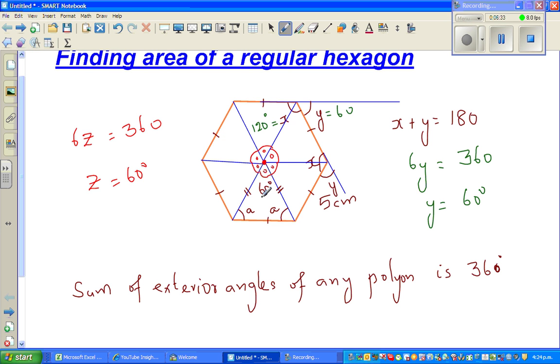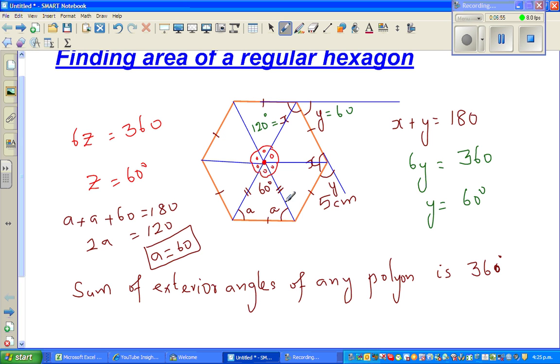So A plus A plus 60 is equal to 180. Does it make sense? The three angles of a triangle add to 180. So 2A is equal to 120, so A is equal to 60.